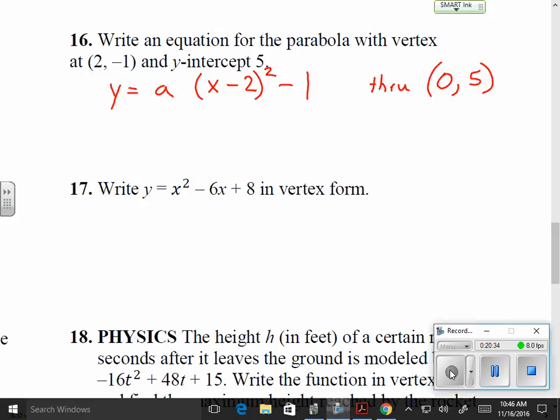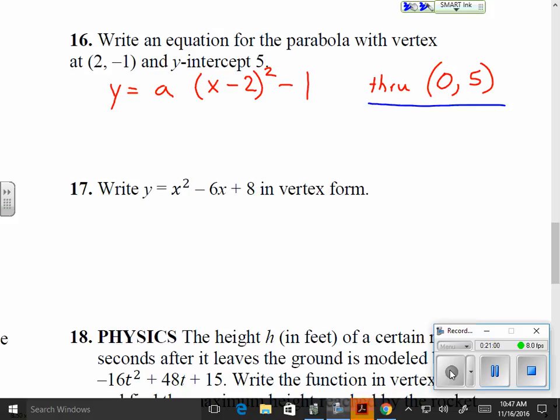So on number 16, I want to write an equation for a parabola that has a vertex of 2, -1, and a y-intercept of 5. Well, if I use vertex form to write this equation, that's going to be h, and that's going to be k. So I would write it as y equals, and I don't know what a is yet, but I know it's going to be x minus 2 squared minus 1.